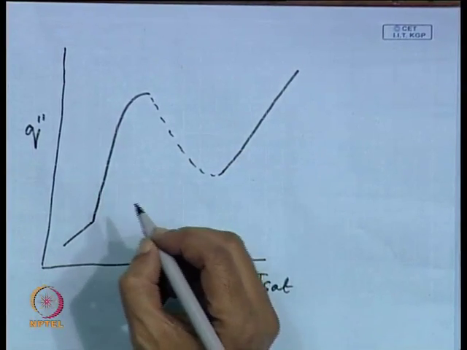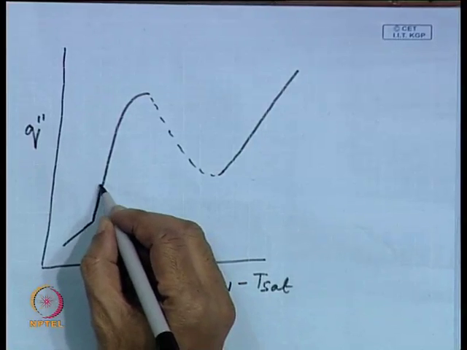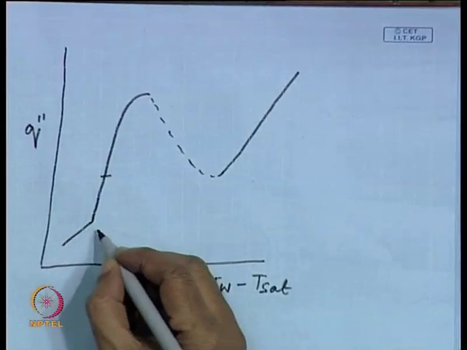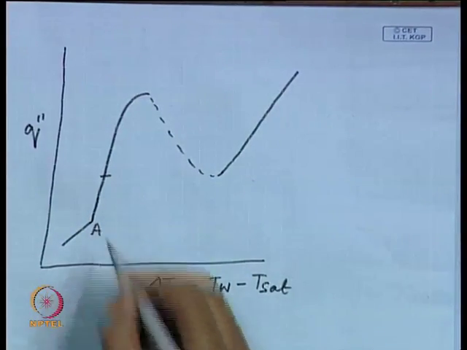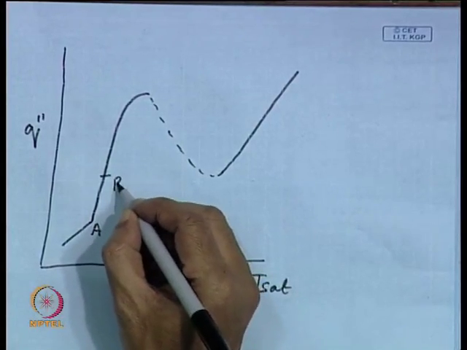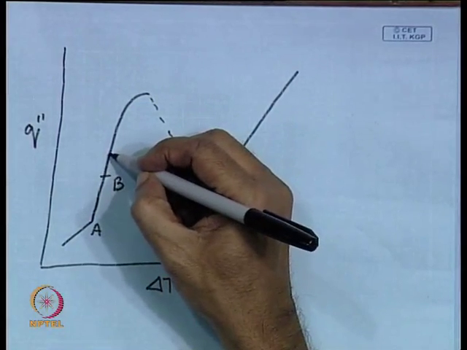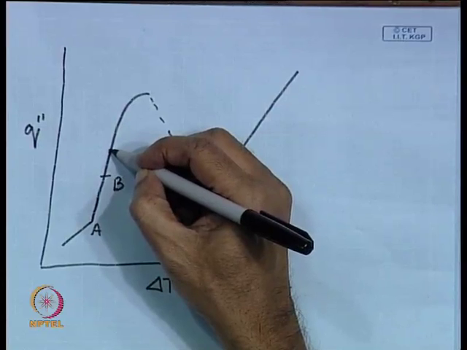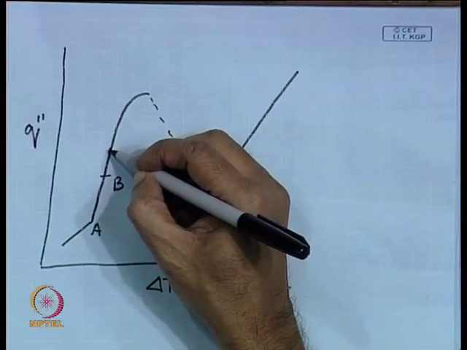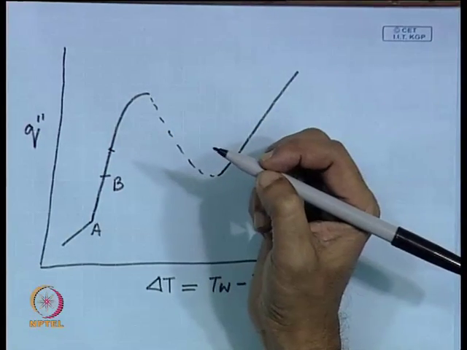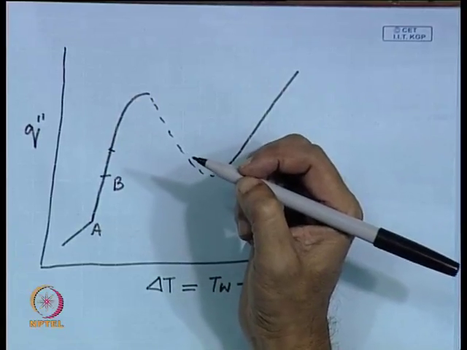As I have mentioned earlier, we have an isolated region of boiling. Let us say the inception of boiling is at point A, and A to B is the isolated bubble region or partial nucleate boiling region. Then we have a transition from the partial nucleate boiling region to the region of columns and slugs.